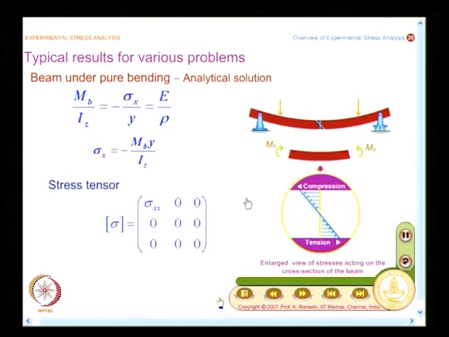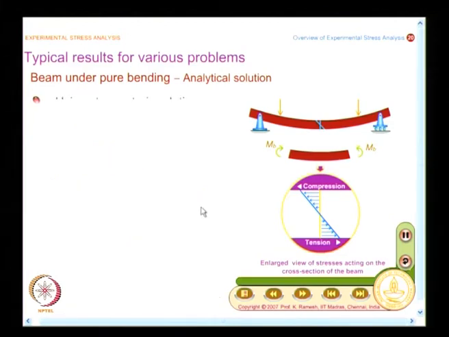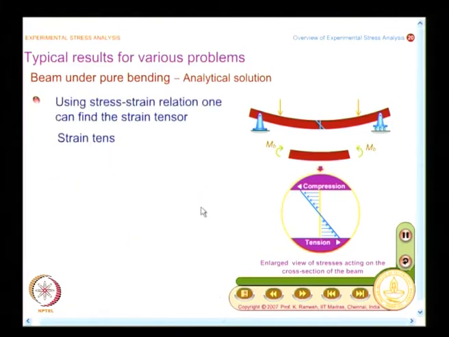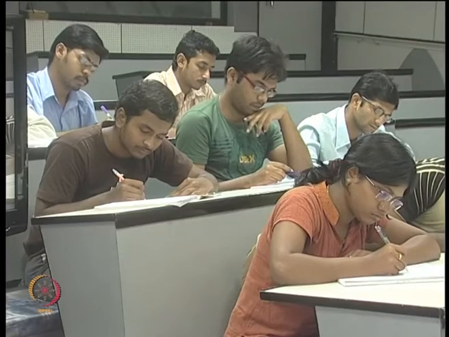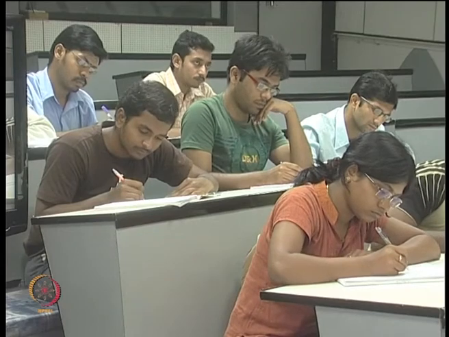What you find here is that in the stress tensor you have only one component, a uniaxial state of stress. The moment I go to the strain tensor, I find something different. The strain tensor is no longer uniaxial, but triaxial. Can you say what is the value of epsilon xx, epsilon yy and epsilon zz?